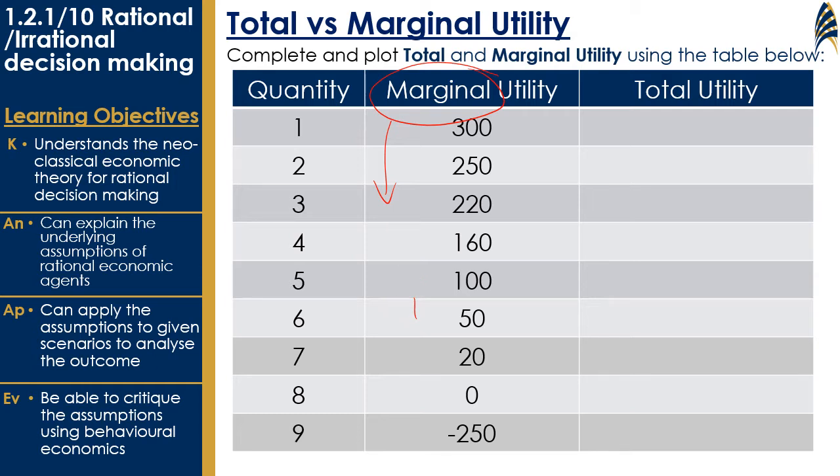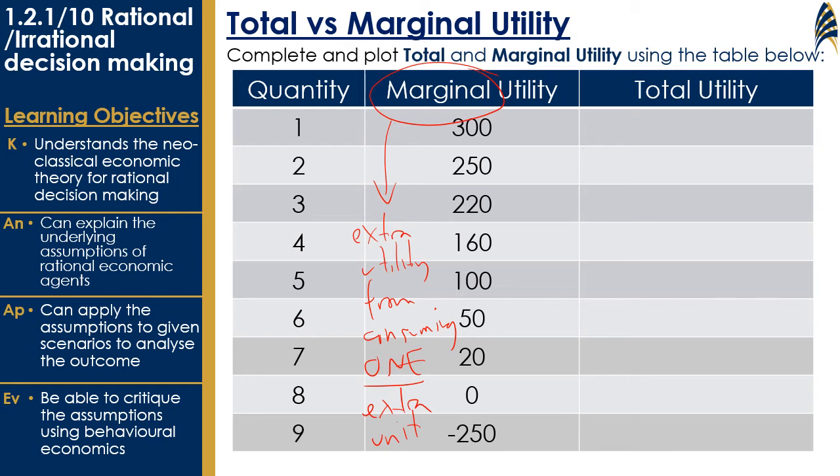And essentially what marginal means in each of those cases, and marginal utility here, is the extra utility from consuming, in this case, one extra unit. That's really important.